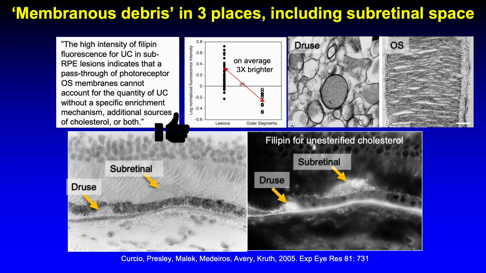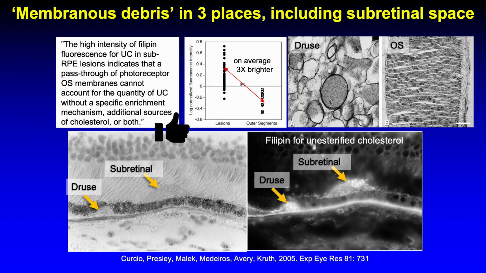So one thing that we got right in that early paper was that the high intensity of filipin fluorescence for unesterified cholesterol indicates that a pass-through of photoreceptor outer segment membranes cannot account for the quantity of cholesterol without a specific enrichment mechanism, additional sources of cholesterol, or both.